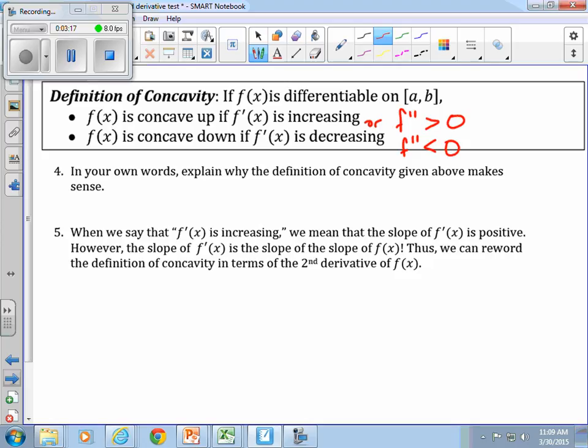You don't have to write this down, but why does that make sense to create the concavity that you're used to thinking about? Why would an increasing slope create a concave up function? Or why would a decreasing slope create a concave down function?